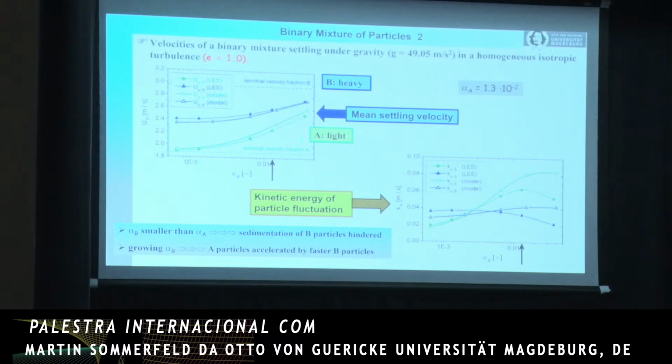You have more frequent collisions. So these particles B now drive the A particles. Before, particle B was hindered in settling by A particles, and now B particles drive the A particles.